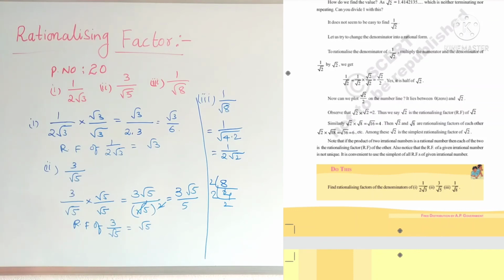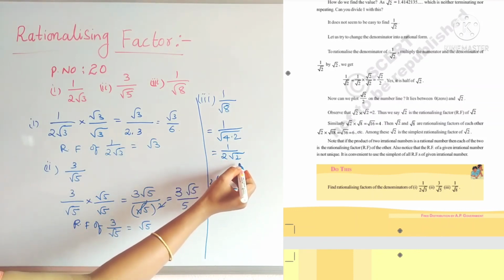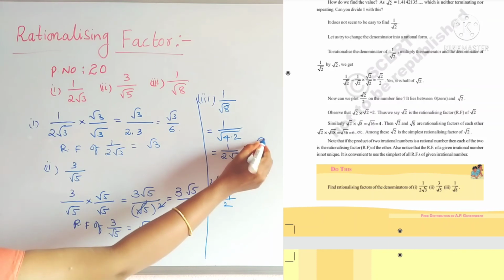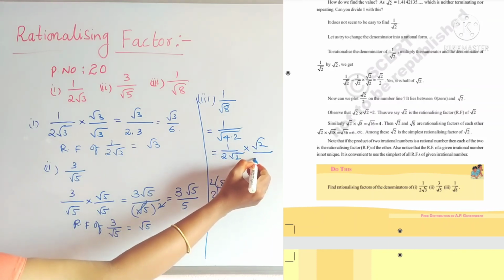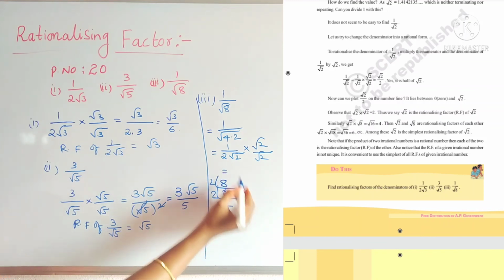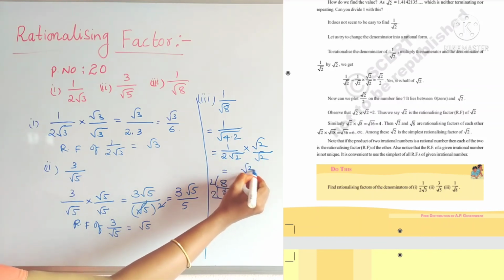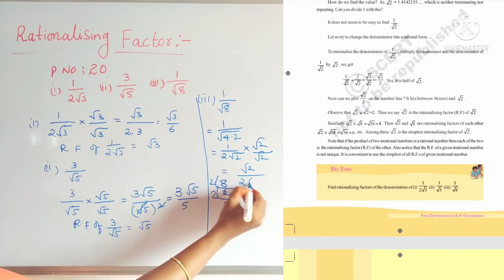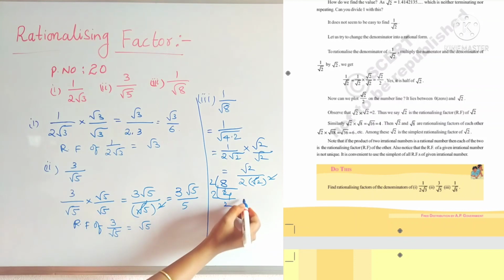Now what is the irrational number here? We are seeing root 2. So now multiply both numerator and denominator with root 2. Then it is 1 into root 2 by 2 into root 2 into root 2, root 2 whole square, then square and root will get cancelled.